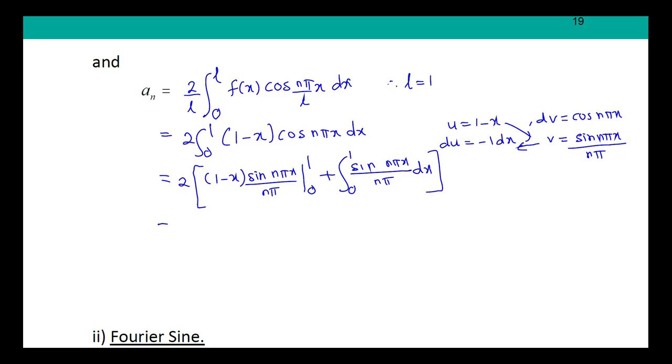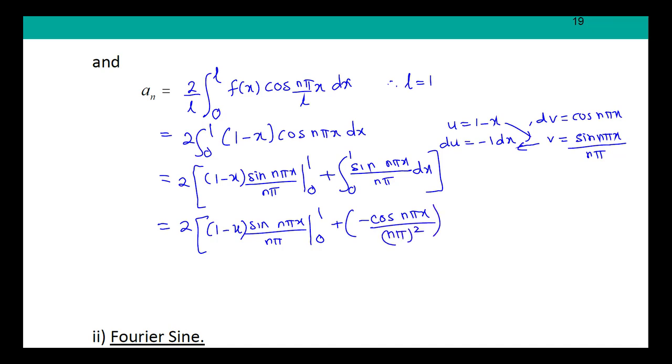So equal to 2, (1 minus x) sin n pi x divided by n pi from 0 to 1, and then integrate sin. You will get negative cos n pi x over n pi square from 0 to 1.